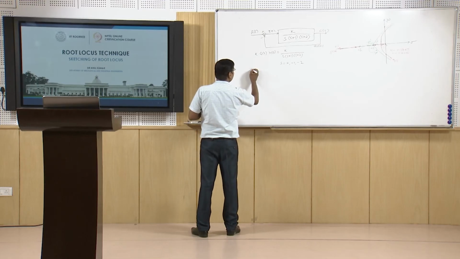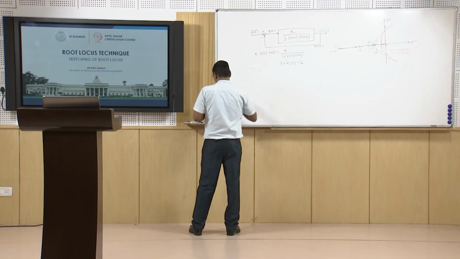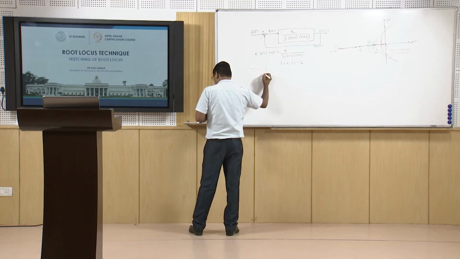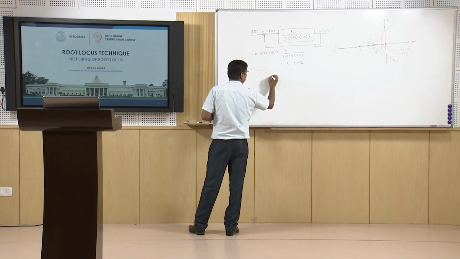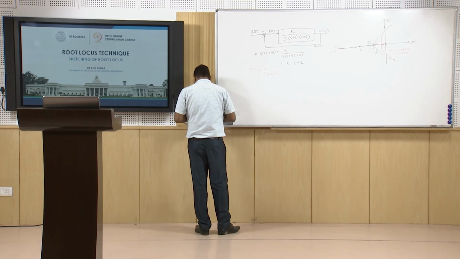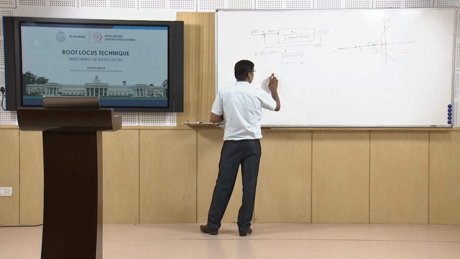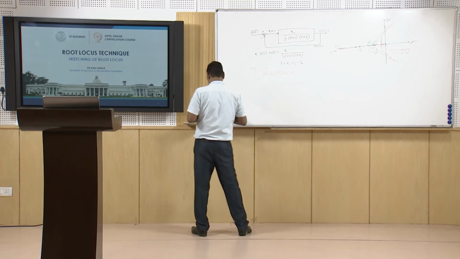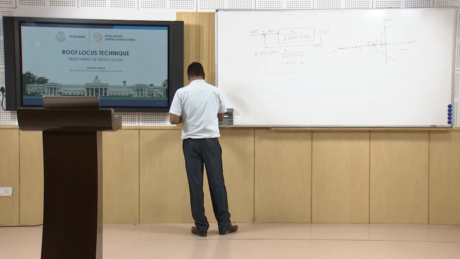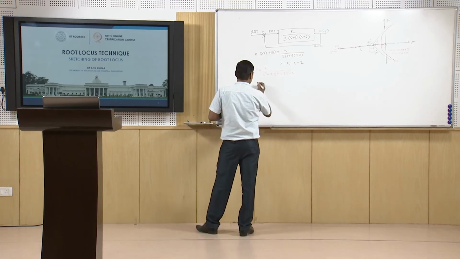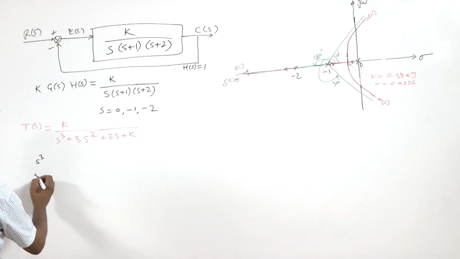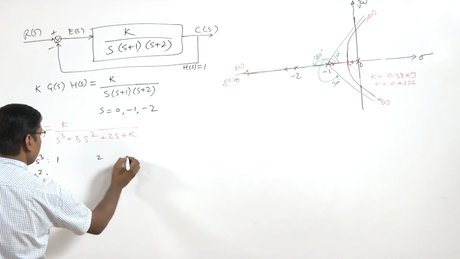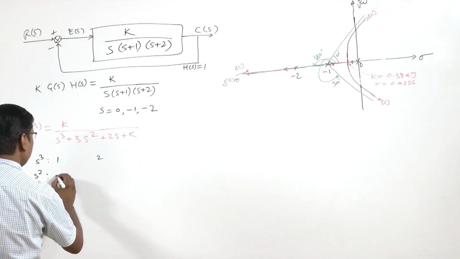So, for this we need the equivalent closed loop transfer function, and if we compute, we will get k upon s cube plus 3 s square plus 2s plus k. So, we can make the Routh table. We make s cube, s square: 1, 2, 0 and then 3 and k.